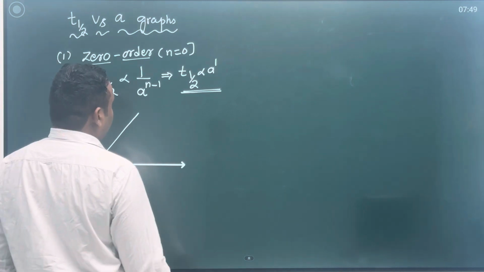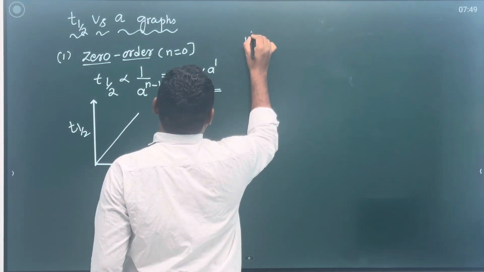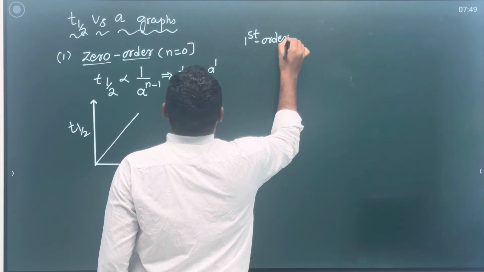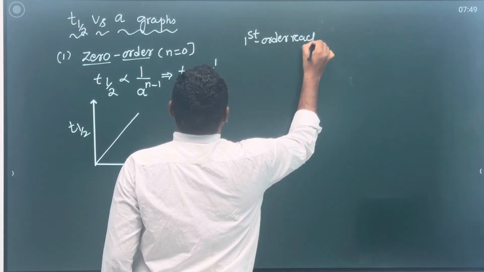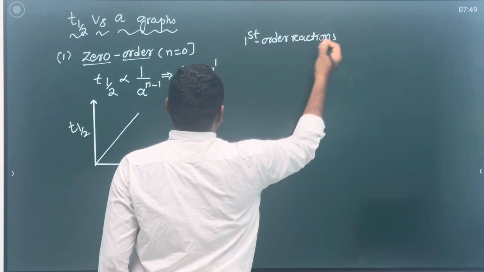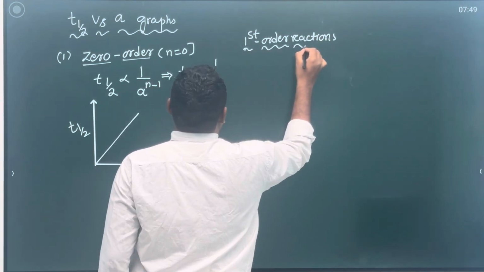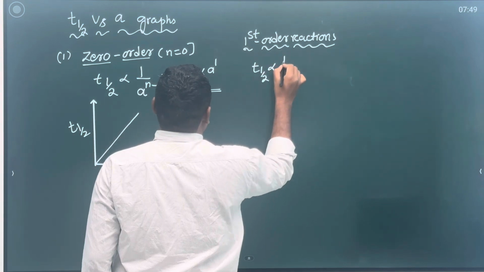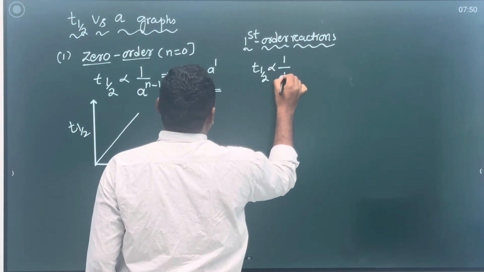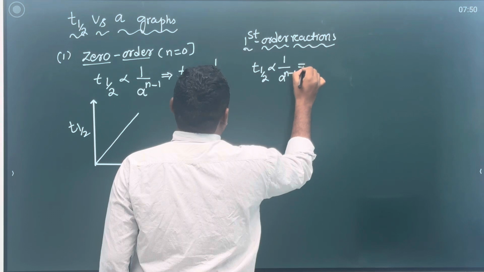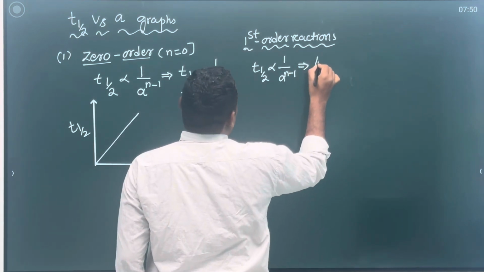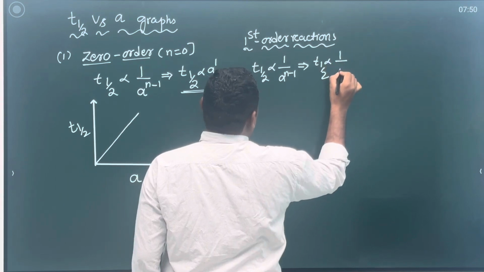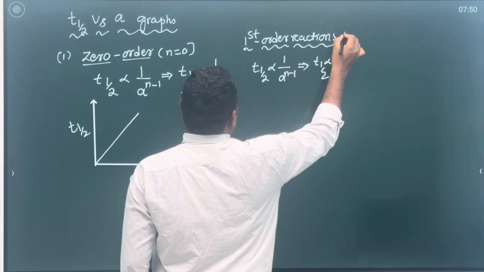Next, take the first order reaction. In first order reactions, again take the relation t half is proportional to 1 by a power n minus 1. That implies t half is proportional to 1 by a power, in place of n what do we write?